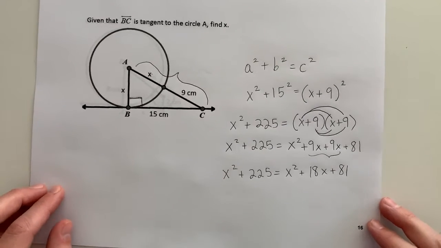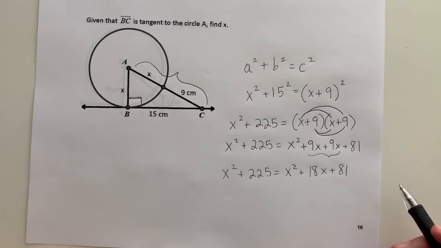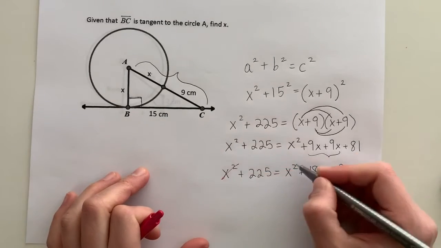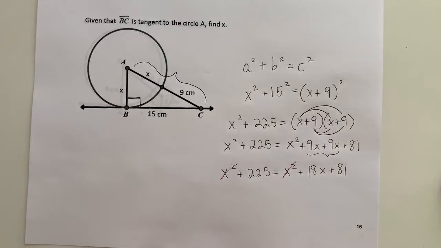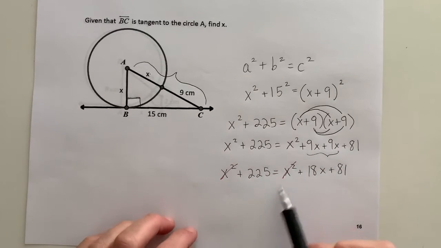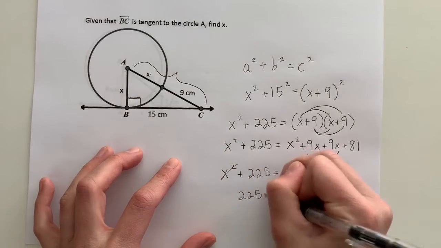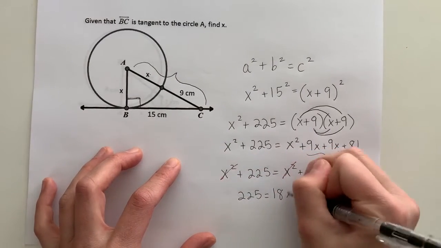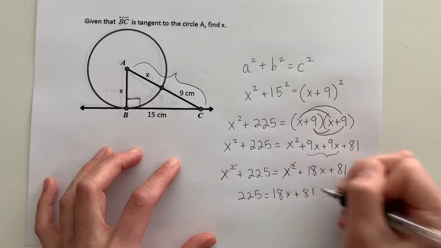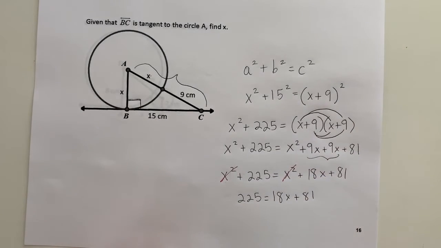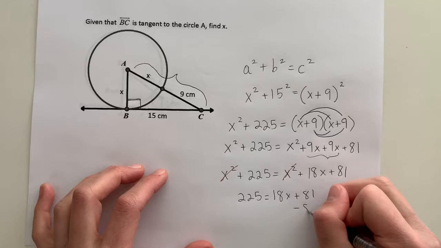If you're in Algebra 2, you should know this already. If you're in Algebra 1, you are learning it within the next few weeks. Something you should notice here is I have an x squared term on both sides. I can cancel those out, because subtracting would eliminate both x squareds, and that saves me from having a quadratic to solve.